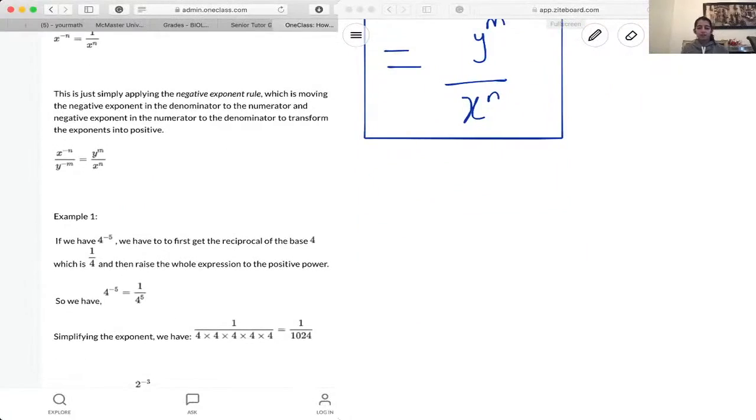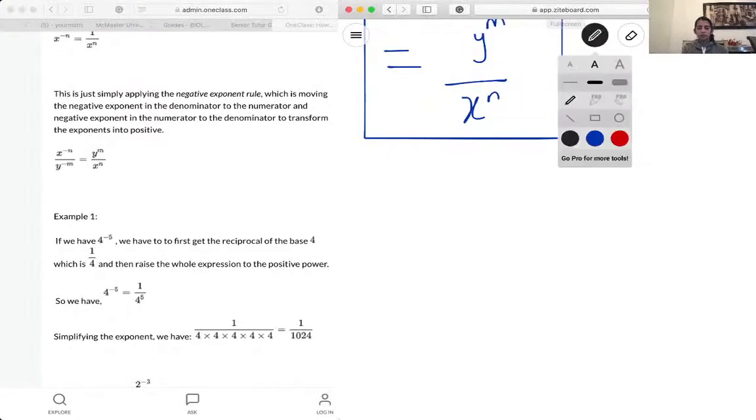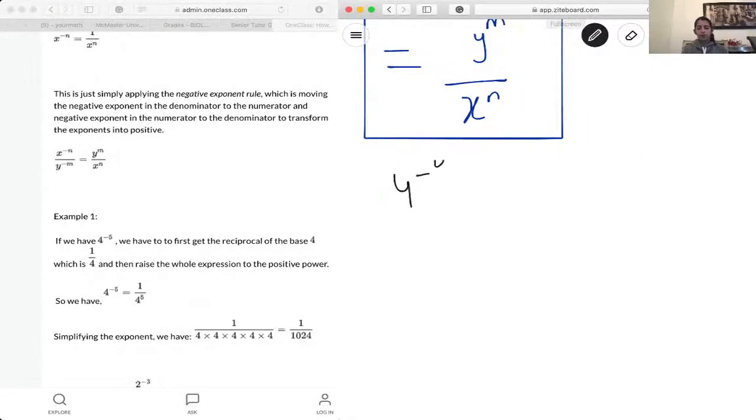If we're given an example, like 4 to the power of negative 4, this would become 1 over 4 to the power of 4, which is 1 over 256.